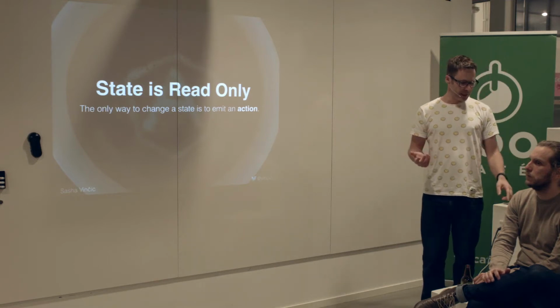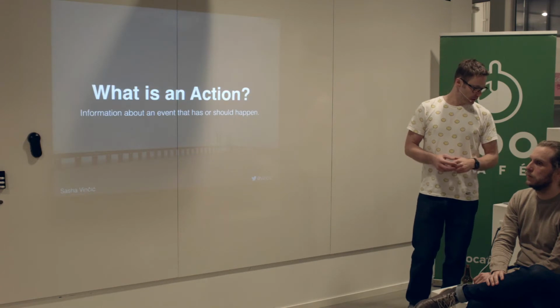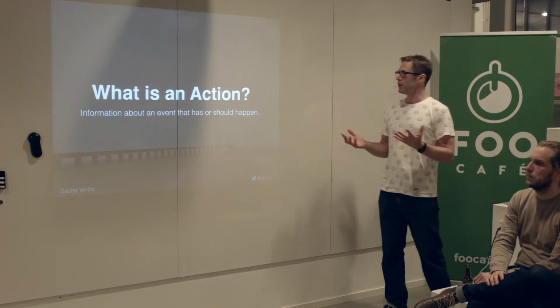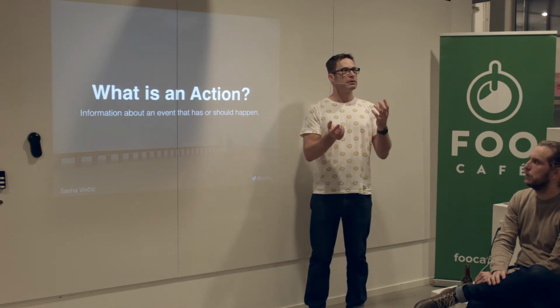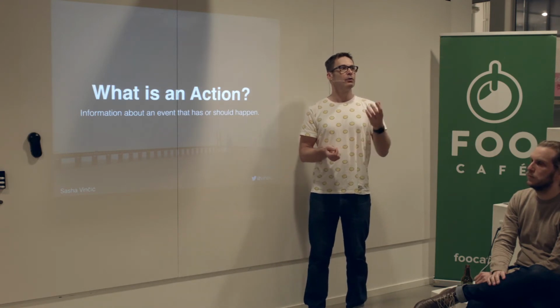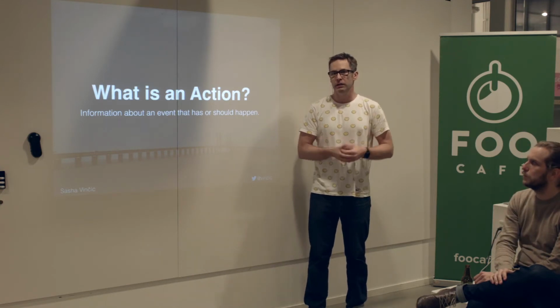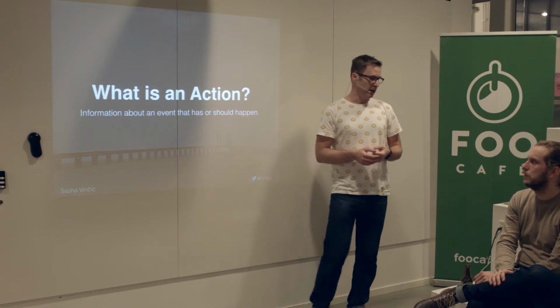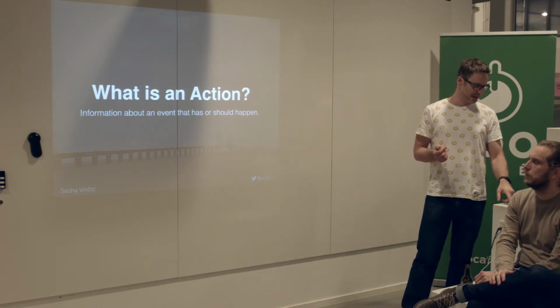So to change a state, you have to emit an action. So what's an action? An action is just information about something that has happened or should happen, or is happening. And how do you implement that?